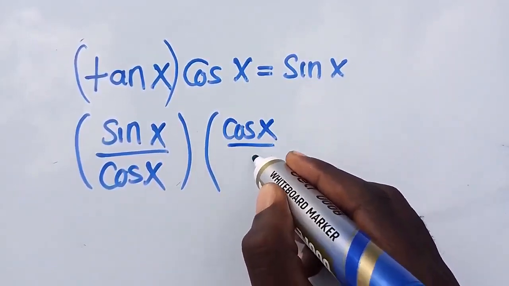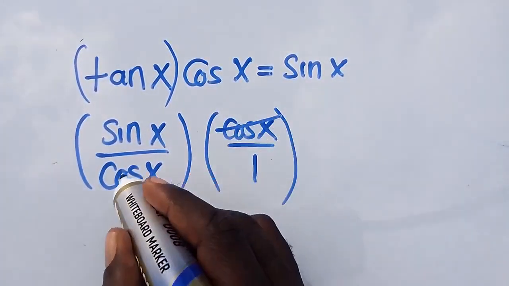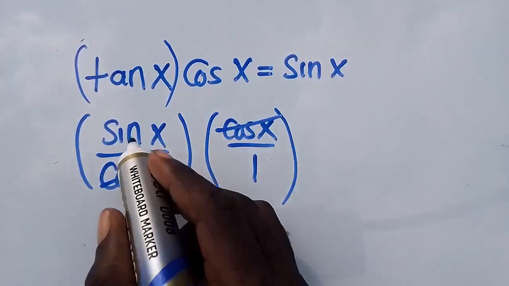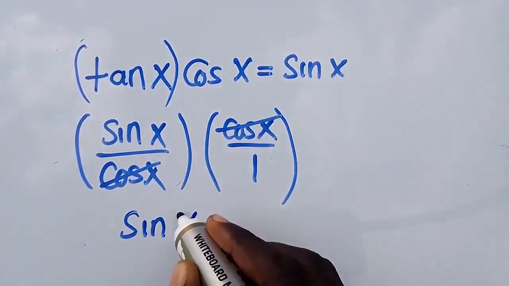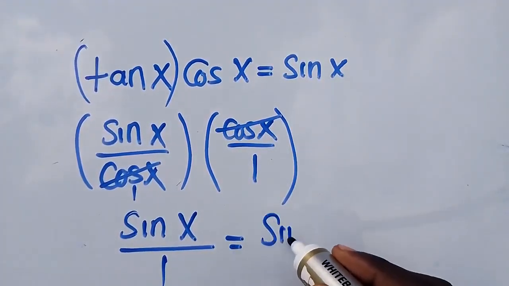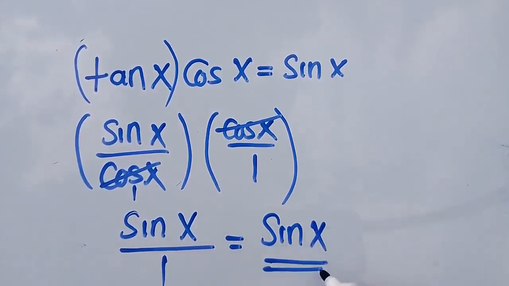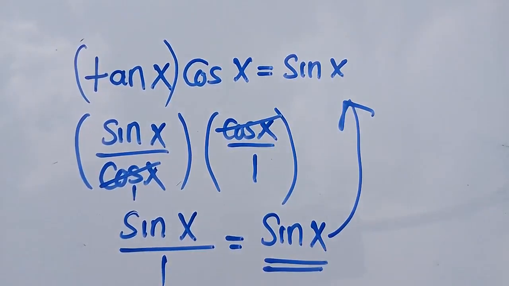We put 1 there so that we balance, and this and that will be cancelled. So you are going to have 1 times sin x times 1, over 1 times 1, which is equal to sin x. So this is sin x, which is the same as that one there. Have you seen the way I'm answering this? This is how you are supposed to answer these questions.